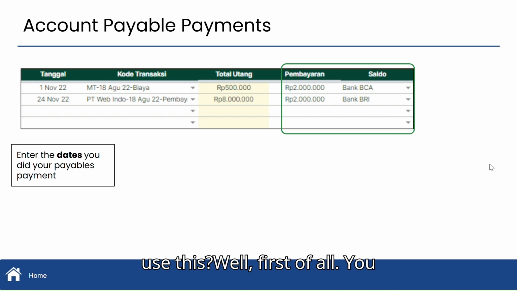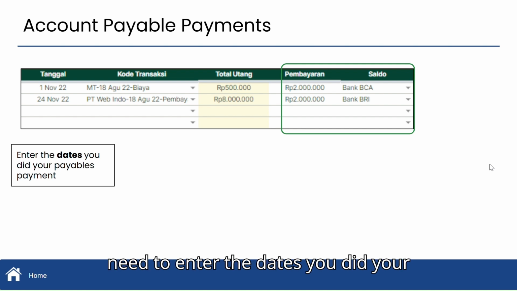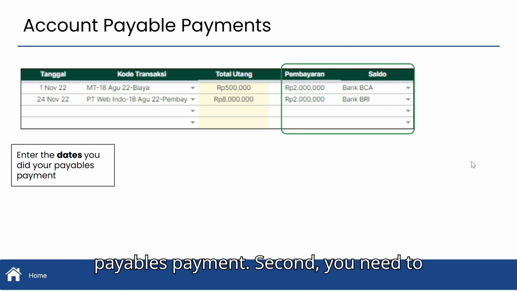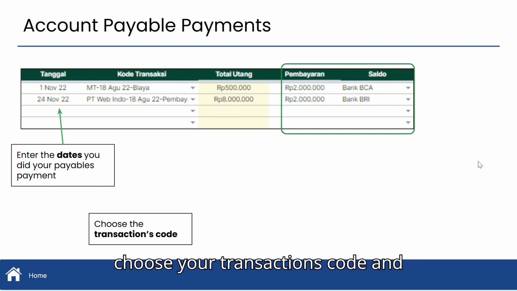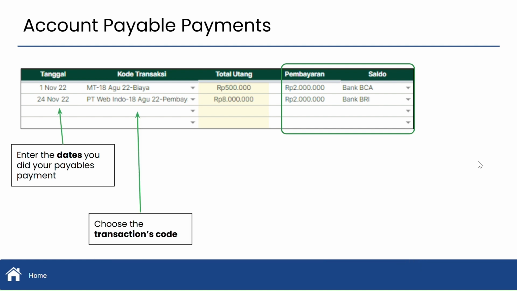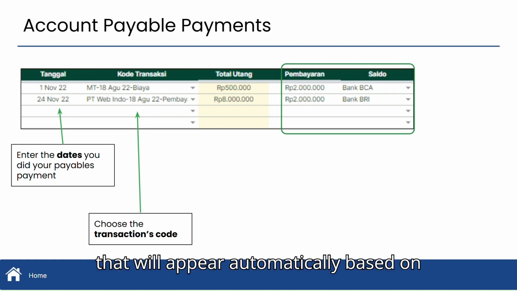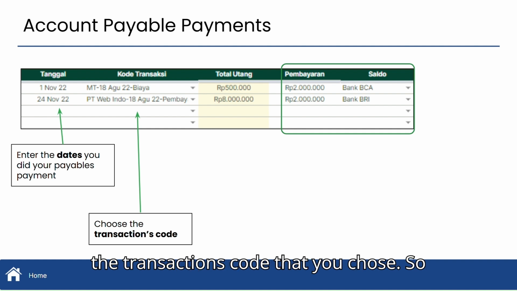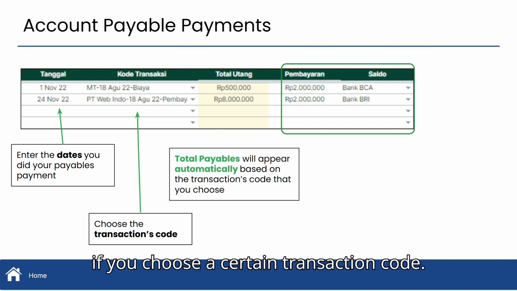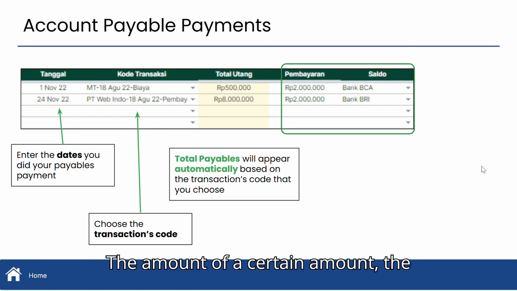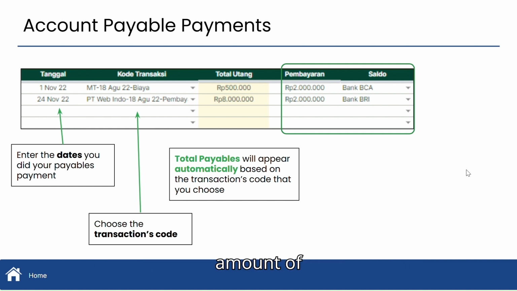Well, first of all, you need to enter the date you made your payables payment. Second, you need to choose your transaction code. And third, you just wait for the total payables that will appear automatically based on the transaction code you chose. So if you choose a certain transaction code, the corresponding amount will appear.